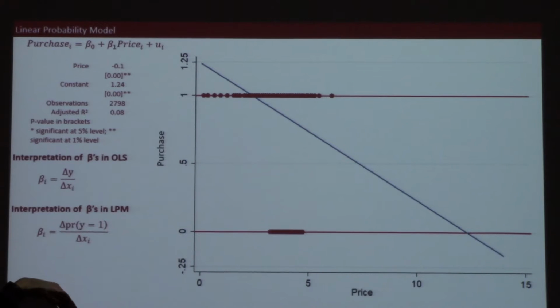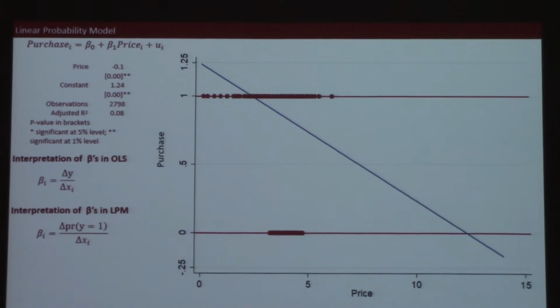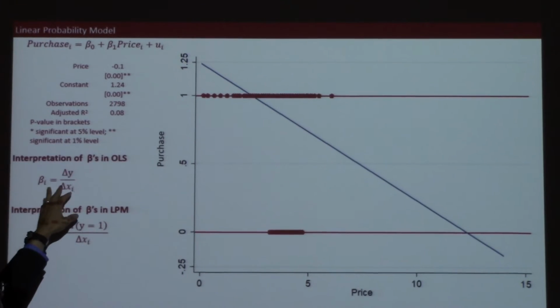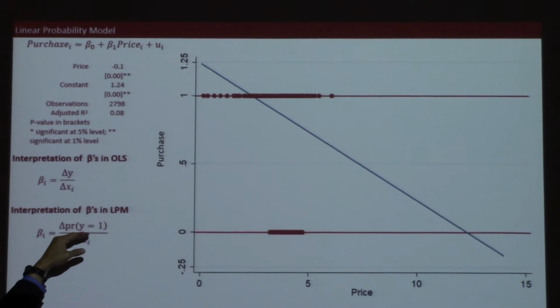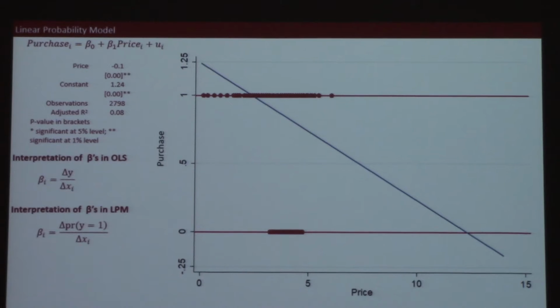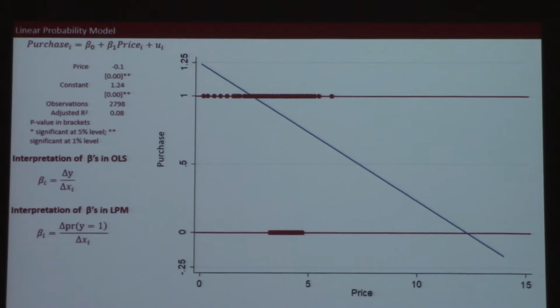Remember, y equals 1 in our simple case if you make a purchase, and 0 if not. So instead of looking at how much more you buy when price goes down, we're looking at what happens to the probability of you buying when the price goes down. It's just forcing a demand curve into the most likely price at which it will be purchased, and the most likely price at which it won't be purchased.